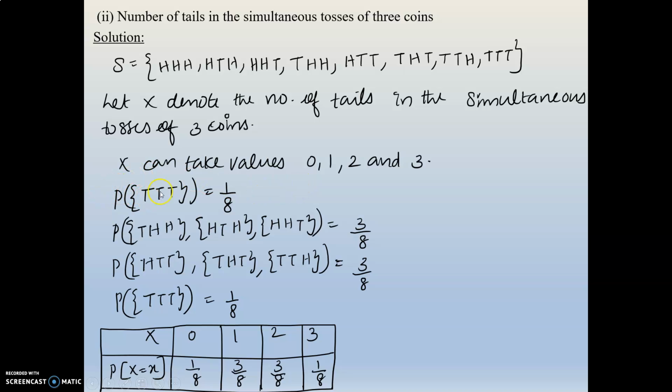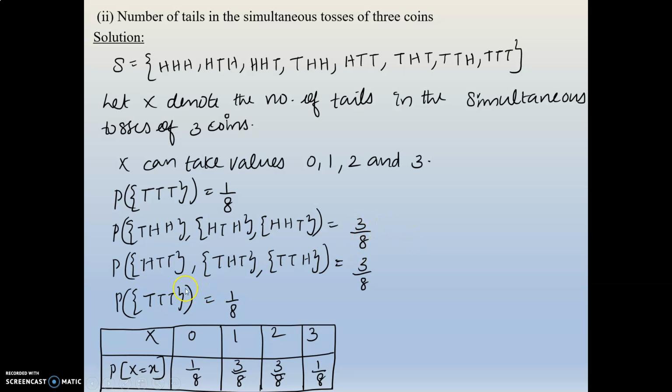So the probability of TTT: only one time we are getting it in the sample space, so 1 out of 8 outcomes. So 1 upon 8 is the probability for that. Probability of getting X equal to 1: that means only one tail is occurring, in 3 cases, THH, HTH and HHT. So out of 8 outcomes, 3 possible outcomes will come in that.